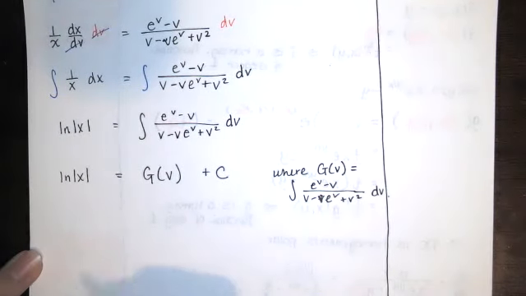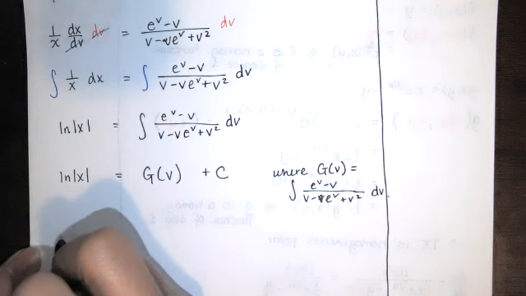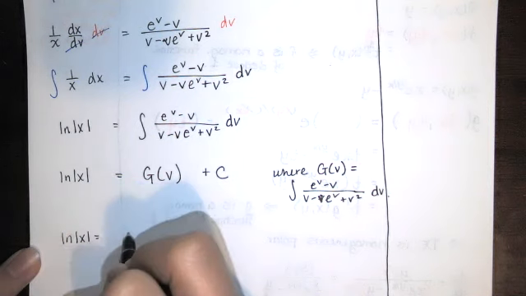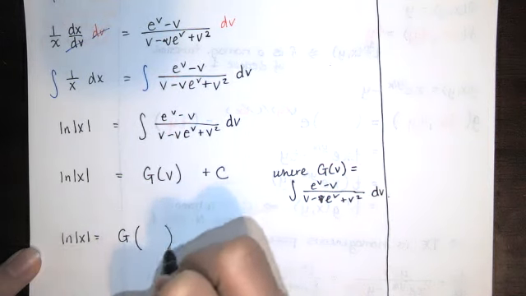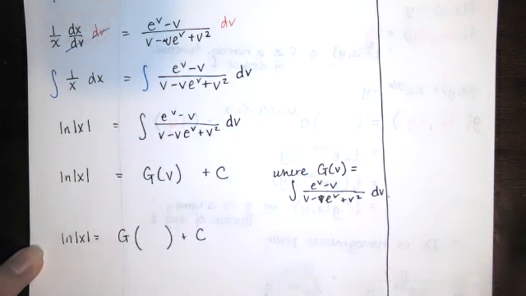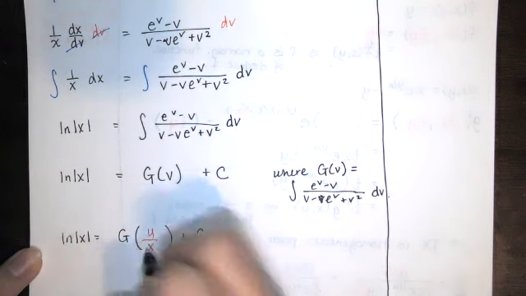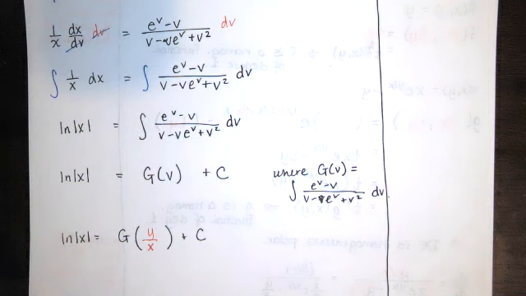Well, at this point, after we have evaluated this, we would replace v with whatever it was in terms of x and y. V was y over x, so you'd replace all the v's with y over x, and that would be your implicit solution.